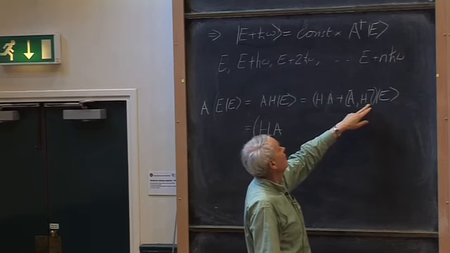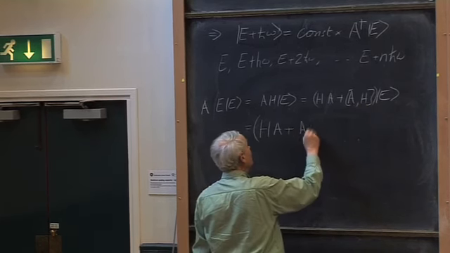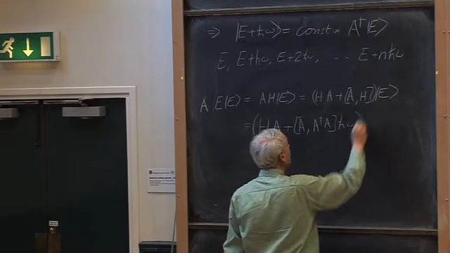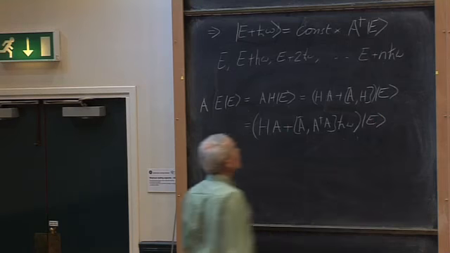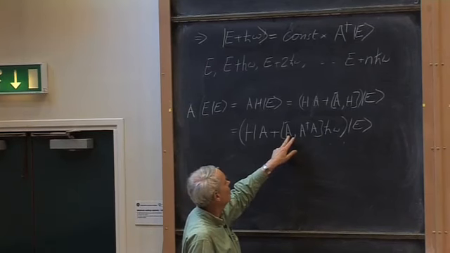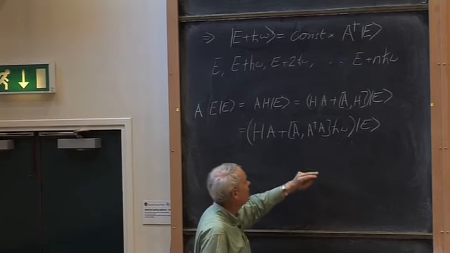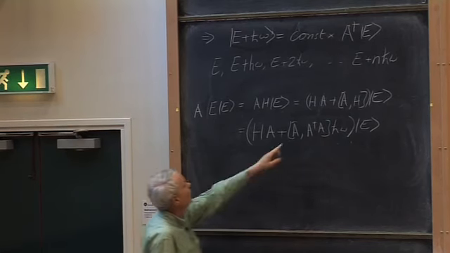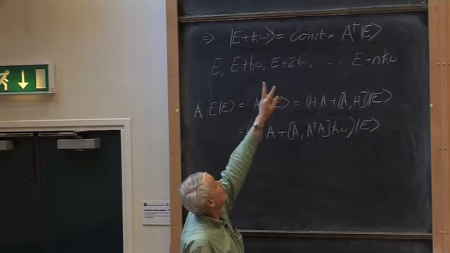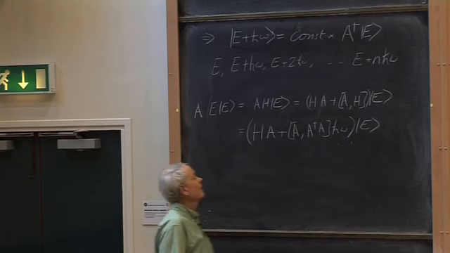We can take the h bar omega outside the commutator, and then what we're looking at is plus the commutator of A with A dagger A, times h bar omega, acting on E. We use our usual rules for taking the commutator of a product, which is to say it should be the commutator of this, with that standing idly by, and then in principle the commutator of this with this standing idly by, but the second commutator vanishes. And this commutator, by the result up there, is equal to +1, because the turned around one, A dagger A, is -1, so this commutator, A comma A dagger, must be +1.